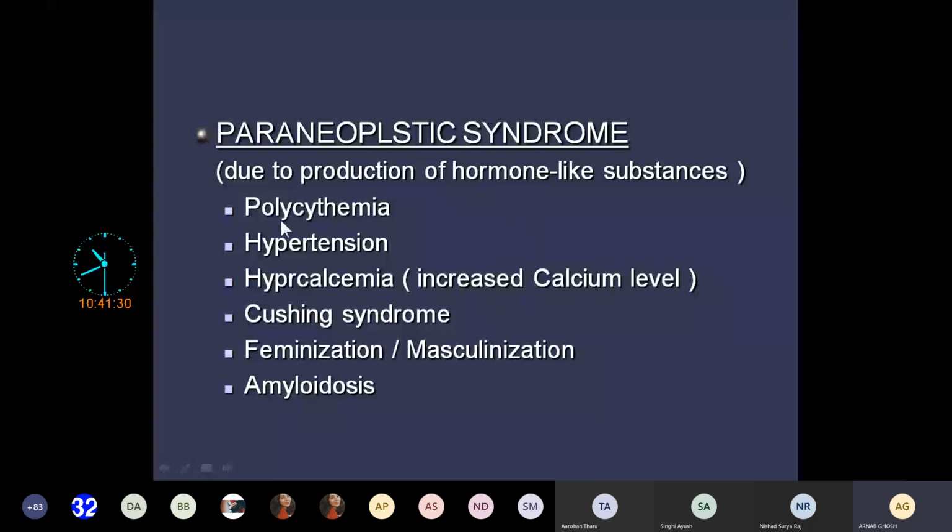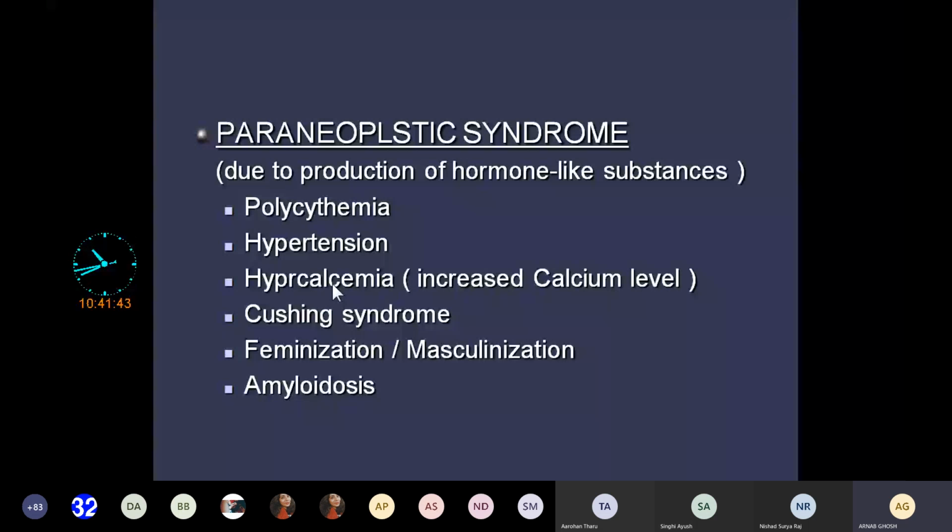First and foremost is polycythemia, because here the kidney will be producing more erythropoietin, that's why there will be polycythemia. There also may be hypertension, hypercalcemia, meaning increased calcium level, and Cushing syndrome.